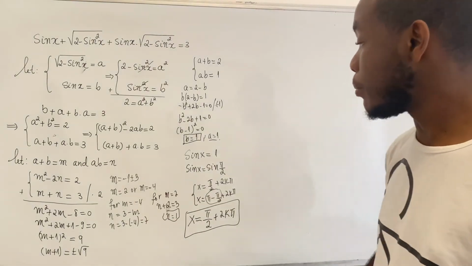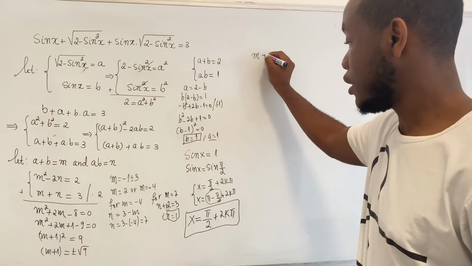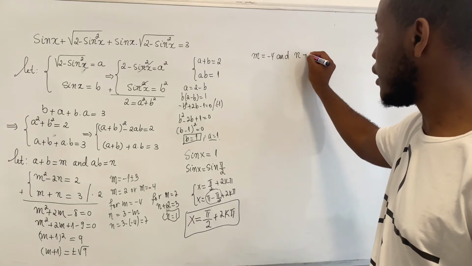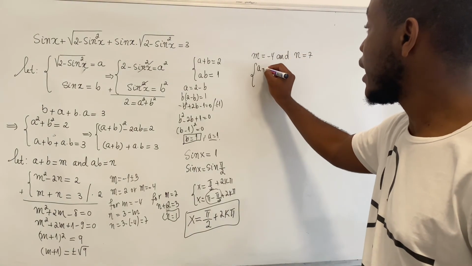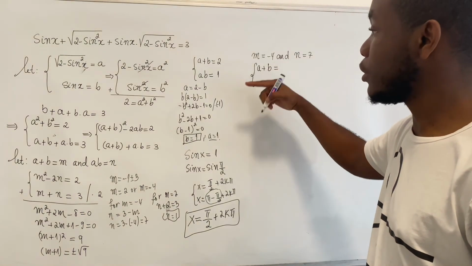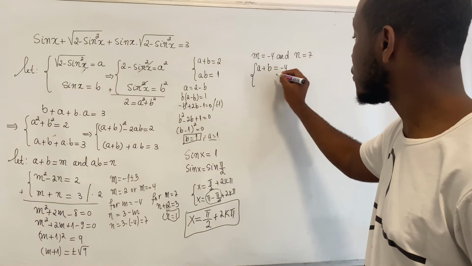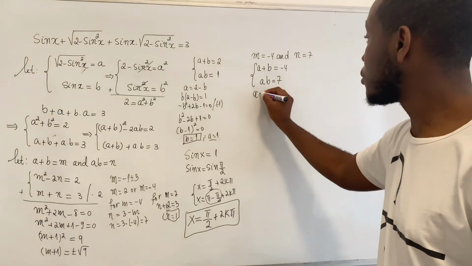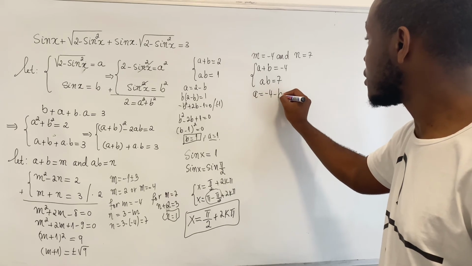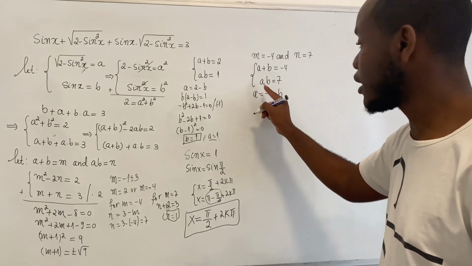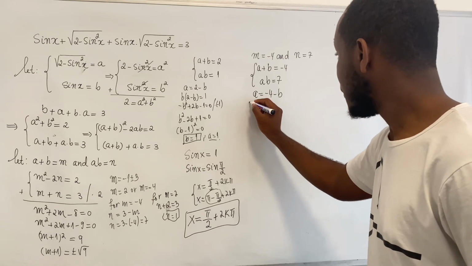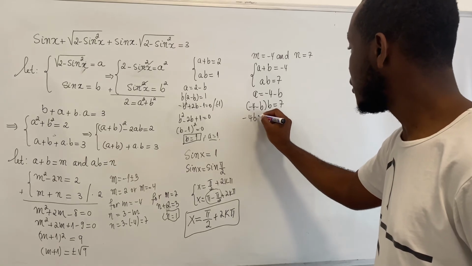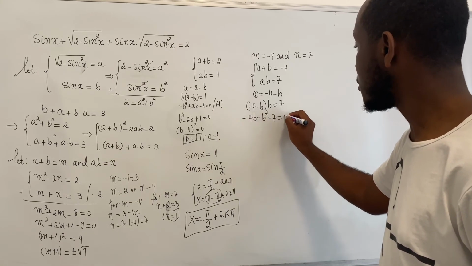Now we have another approach, which is for m equal to minus 4, where n was equal to 7. The equations are a plus b equal to m, which is minus 4, and a times b equal to 7. If we isolate a, then a is going to be minus 4 minus b. We substitute in the second equation: minus 4 minus b times b equal to 7, so minus 4b minus b squared minus 7 equal to 0.